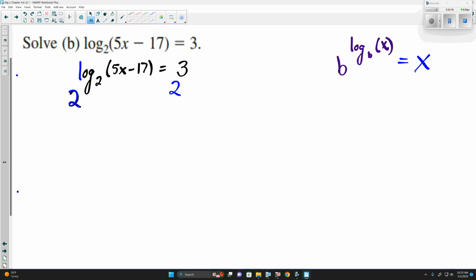If the base and the base of the logarithm are the same, they'll simplify out. So if I put both sides to the base of 2, the 2 to the log base 2 of 5x minus 17 is going to simplify to what's inside the parentheses, which here is 5x minus 17, is equal to 2 to the third.